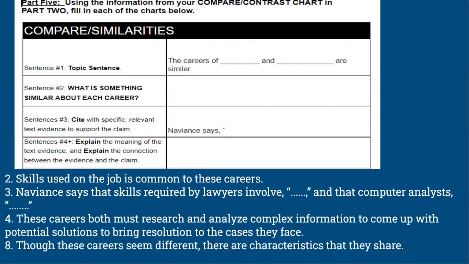Sentence number 3 is where you state what Naviance says. You're probably going to need to go back to Naviance here if you're going to do a direct quote. If you do a paraphrase, then you still need to reference Naviance, but you don't need the quotation marks. So your choice here. But what does Naviance say? Now you're explaining how they're similar based off of what Naviance says.